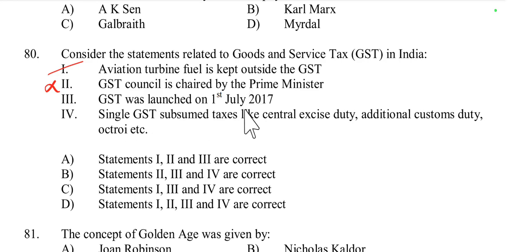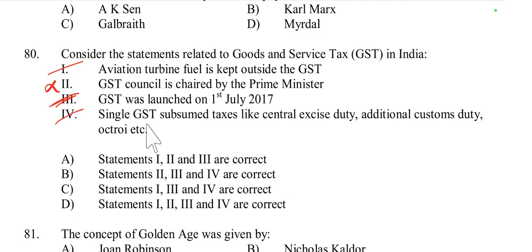Then GST was launched on 1st July 2017. Yes, because GST was officially implemented on July 1st, 2017. Then single GST subsumed taxes like central excise duty, additional customs duty, octroi, etc. These are all merged into a single GST.